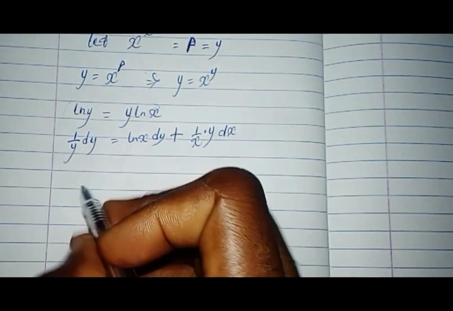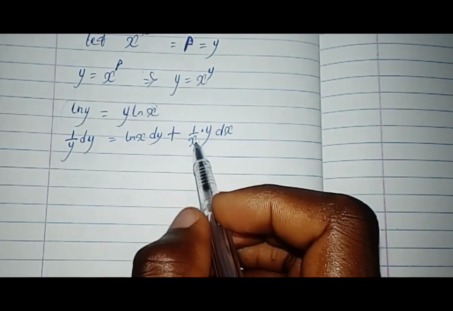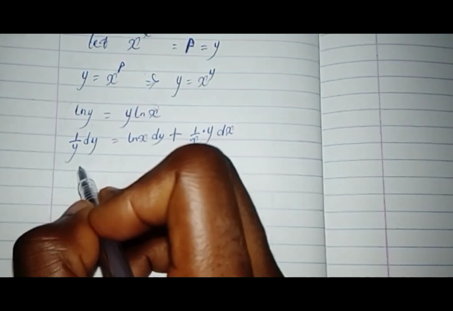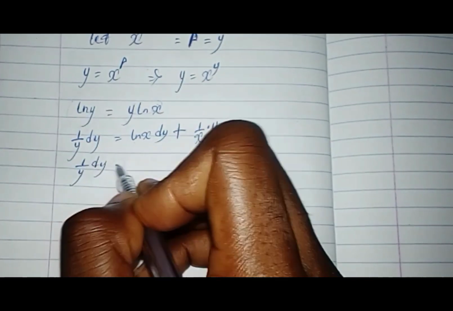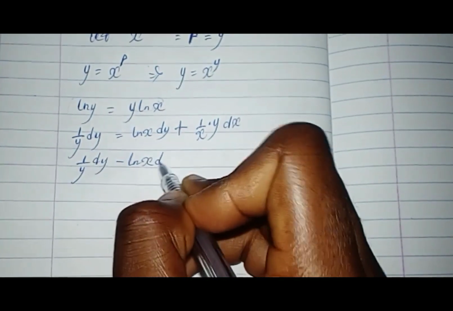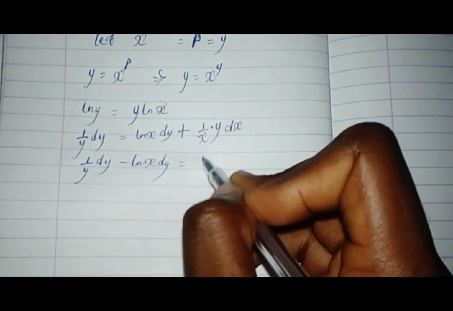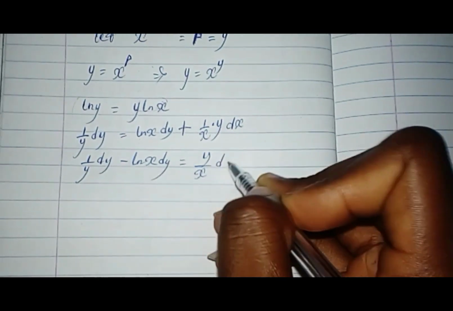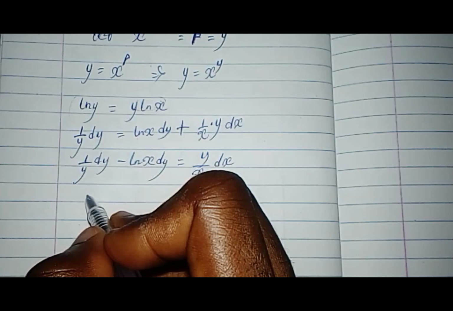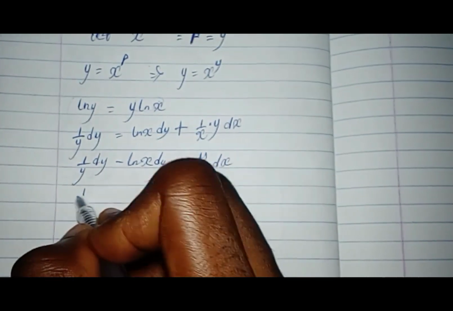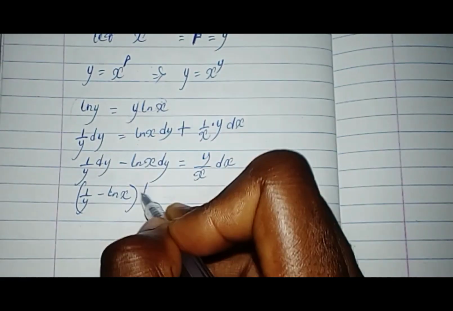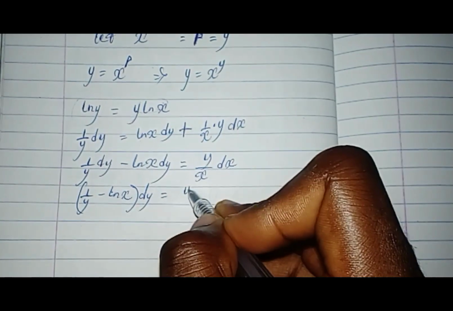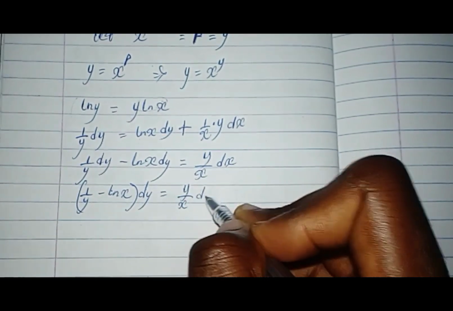So now we can simplify. We isolate those with dy. So this is dy minus ln x dy equals y over x dx. So I can say (1 over y minus ln x) dy is equal to y over x dx.